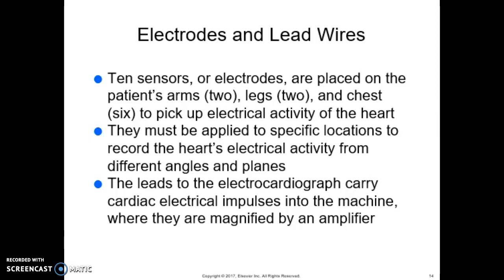The frontal leads include leads 1, 2, 3, and VR, VL, and VF. The horizontal plane leads include the 6 precordial or chest leads, V1 to V6.